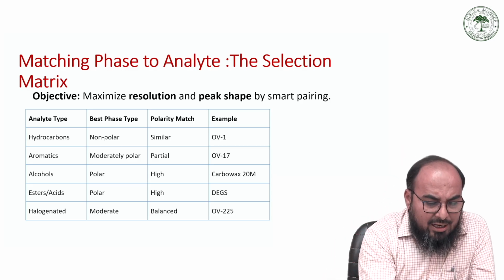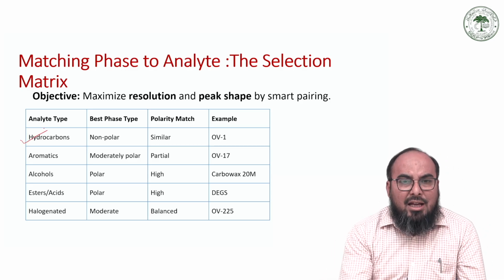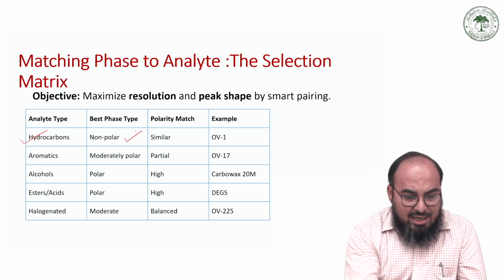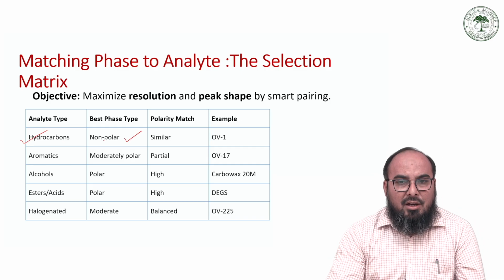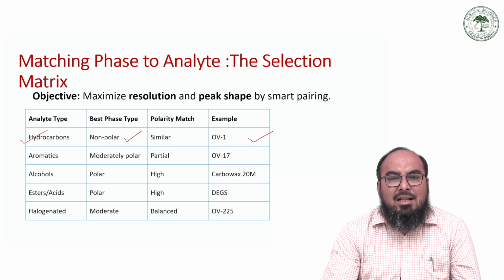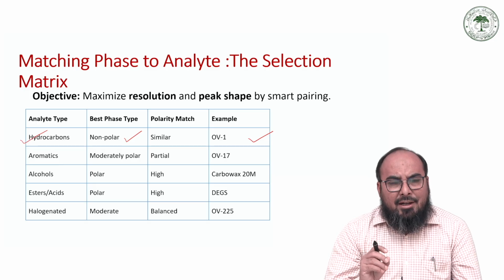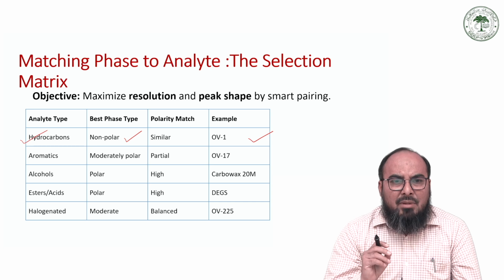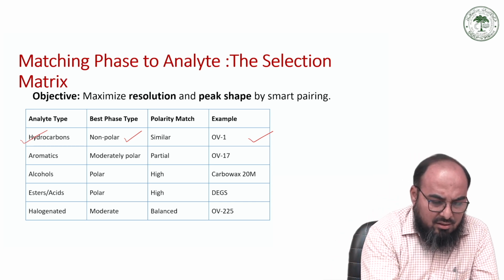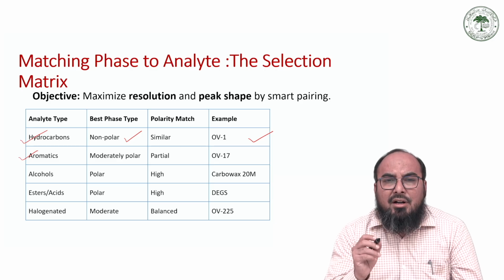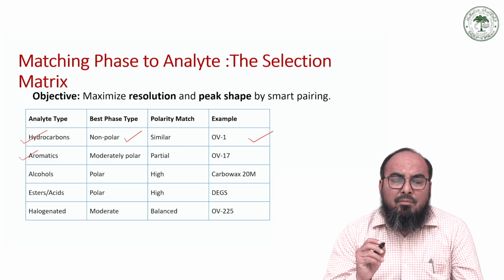So if your analytes are hydrocarbons, then you have to choose a non-polar phase so that the interaction will be good. An example is OV1, polydimethyl siloxane. Now if your volatile mixture consists of aromatic hydrocarbons, then you have to choose a moderately polar phase.